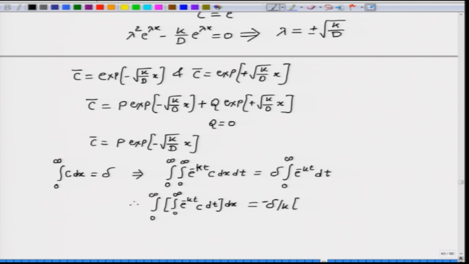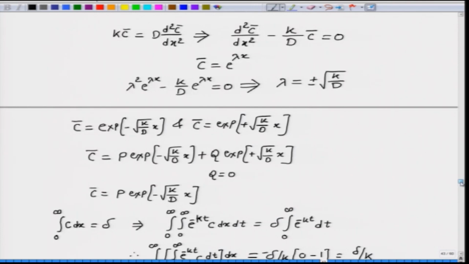Now, e to the power minus kt at infinity will be 0, e to the power minus kt at 0 will be 1. So, this should be equal to delta by k. And again this is the Laplace transform, the inside integral is the Laplace transform of c. So, integral 0 to infinity c bar dx should be equal to delta by k.